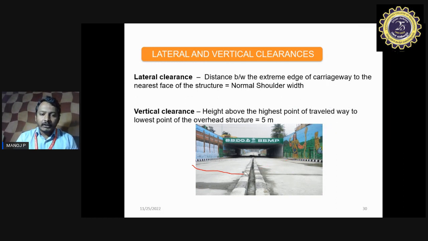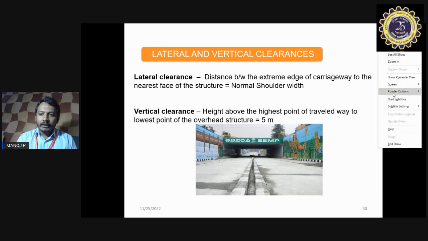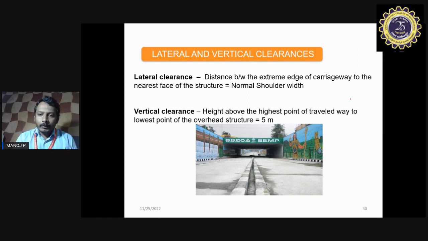Here, what is the extreme edge of the carriageway? Extreme edge of the carriageway means your curbstone, footpath, from where your footpath starts. From here till this point, that is the wall, or it is also equal to the normal shoulder width.